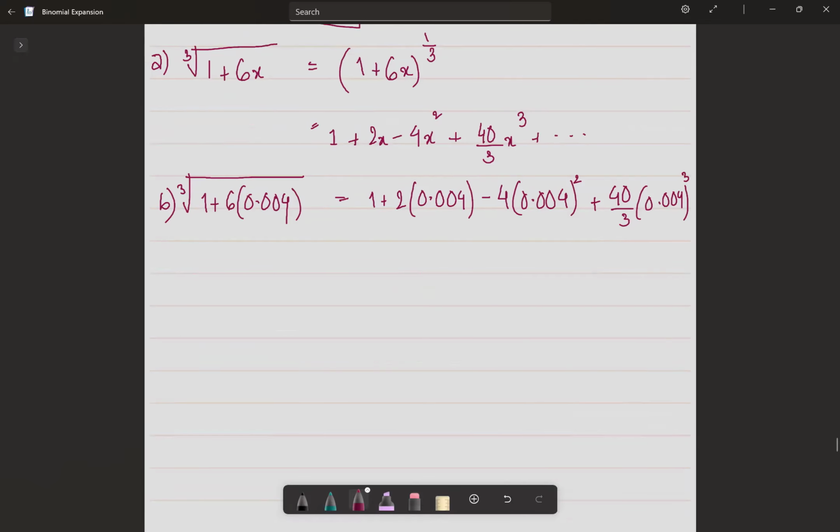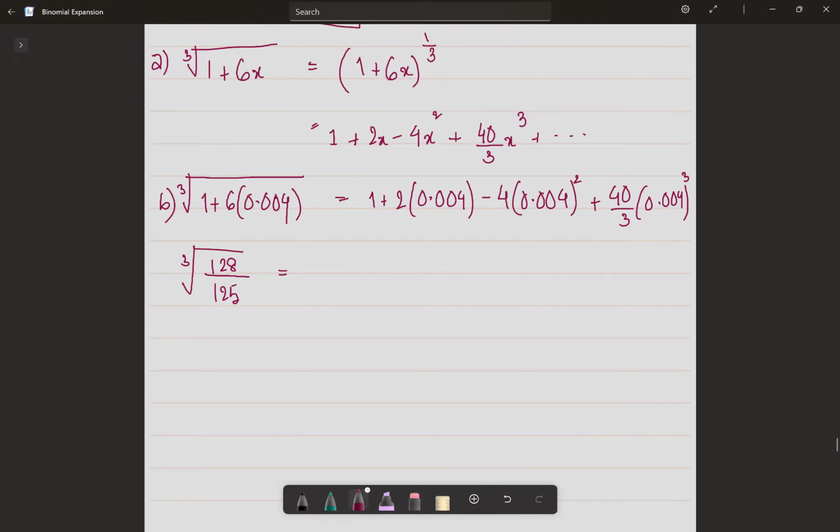So if you put 1 plus 6 into 0.004 in the calculator, it is going to give you a nice fraction, which is cube root of 128 by 125. And on the other side, you have to put everything in the calculator. 1 plus 2 into the value of x, and then you have 4 into the value of x squared, and then you have 40 by 3 into the value of x cubed.